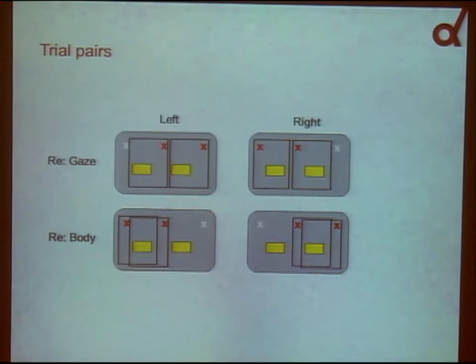If we look at trial pairs that are the same relative to the body, you have to take these. So gaze is here on the left, and this block is on the left from the body, or gaze is on the right, and the block is also on the left from the body. Or this pair. And so what we can now do is run a classifier to distinguish these trial pairs.